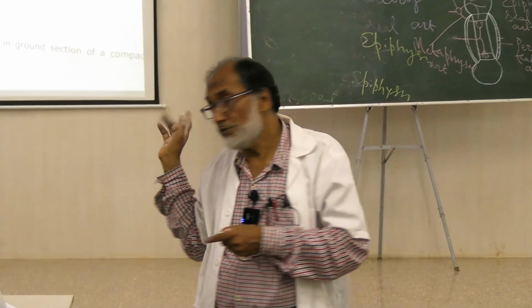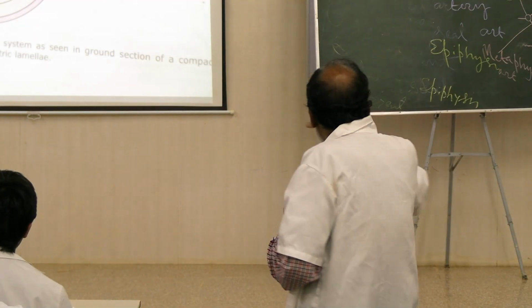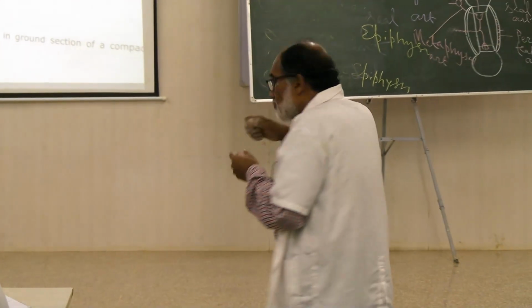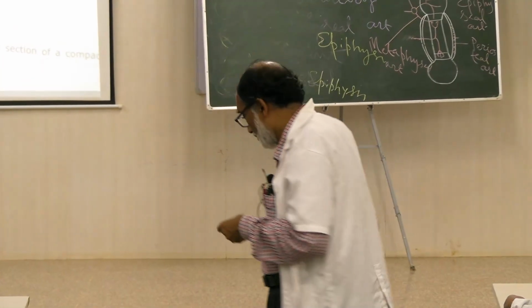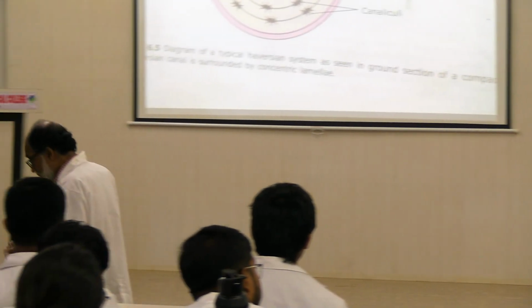So the cell within the lacunae is the osteocyte. From the lacunae, some small canaliculi arise, just like worms.